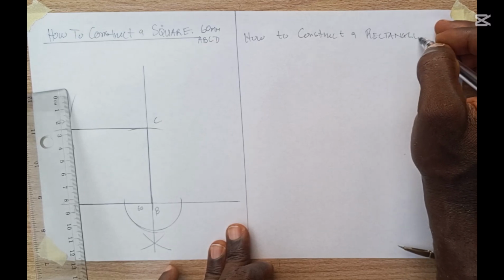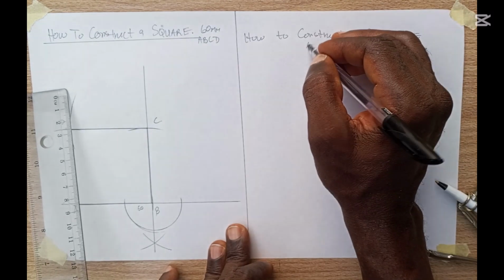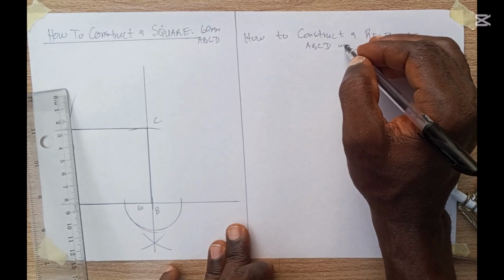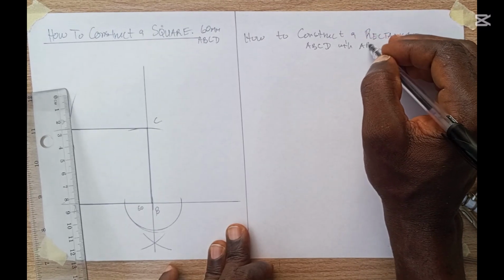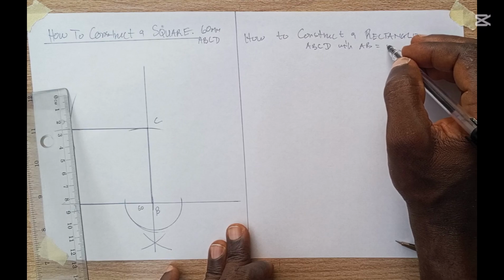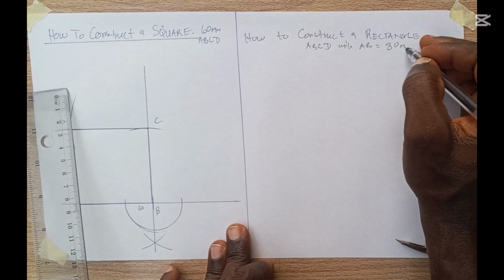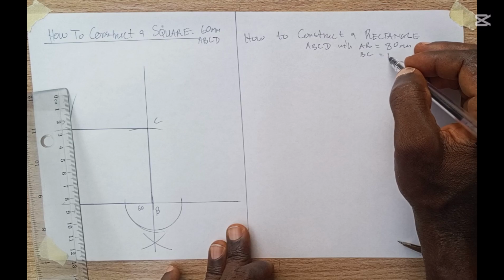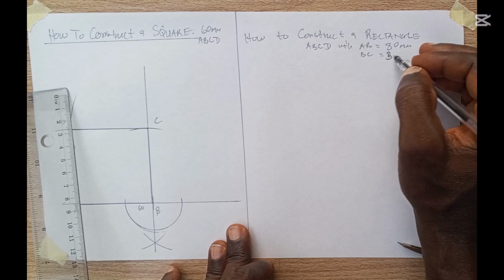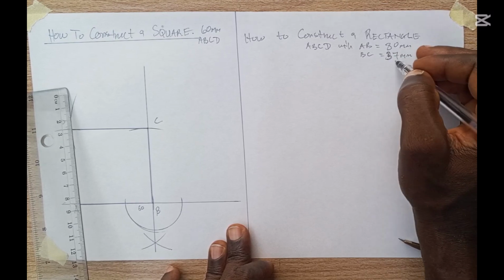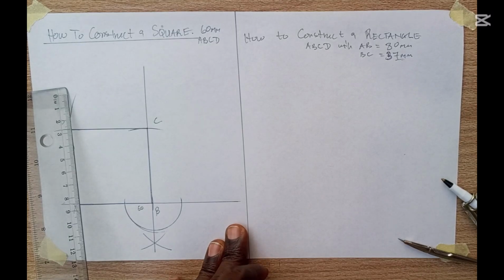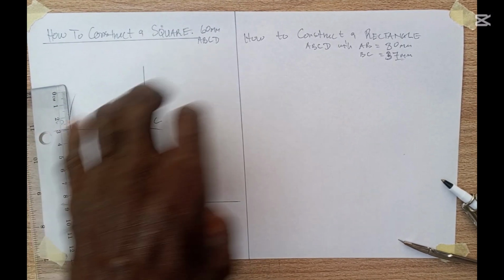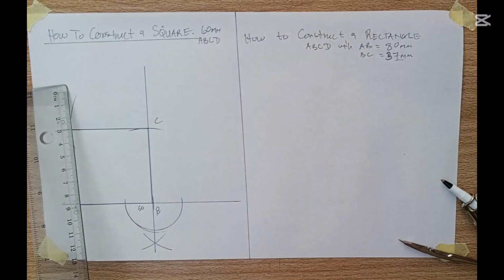Now let the rectangle be A, B, C, D, with AB, let us say, 80 mm, and then BC, let us take BC to be 37 mm. Now it is exactly the same principle you have done here. How do you go about it?